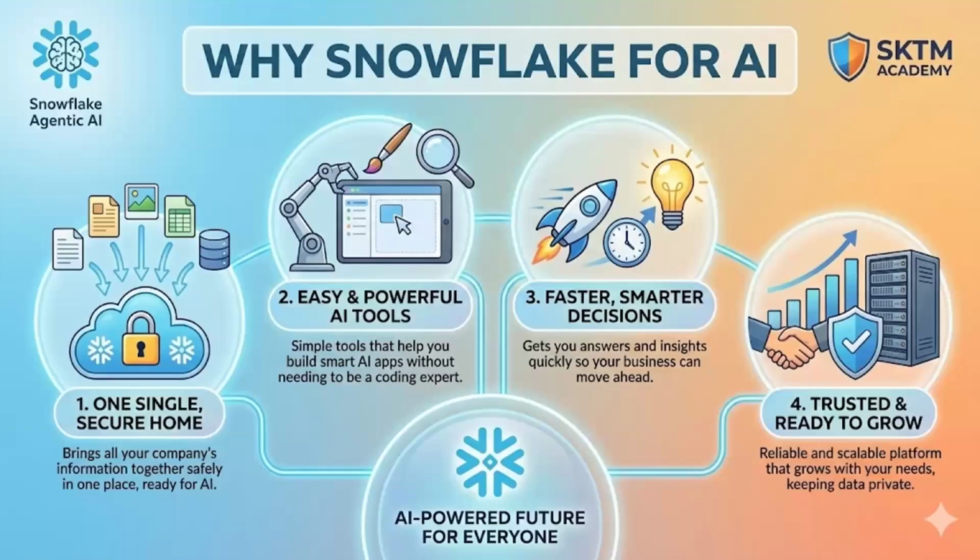And coming to other areas where Snowflake is very popular, why Snowflake is a unique solution: the entire data and AI is in one single location with a secured environment, which I already mentioned, and all are in one place, ready to use.